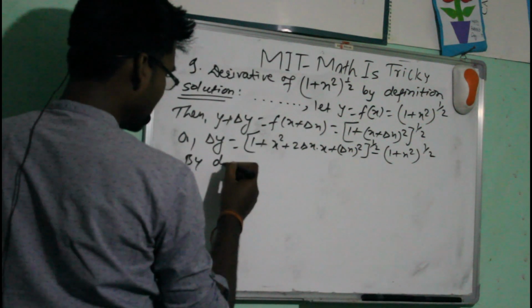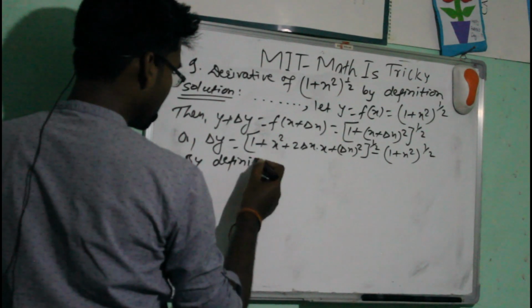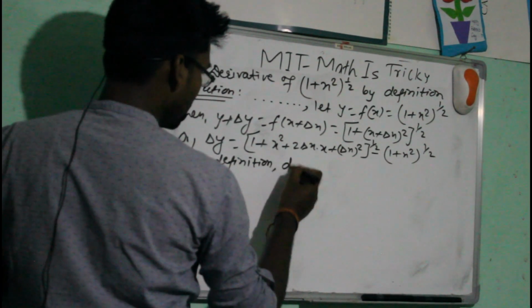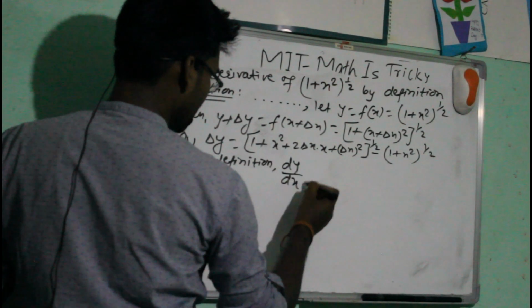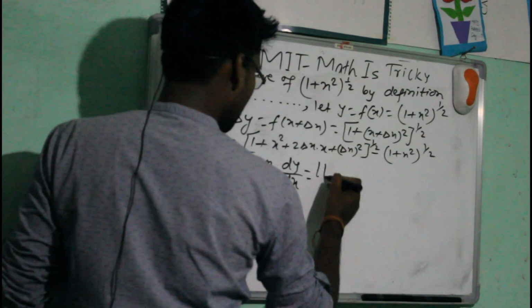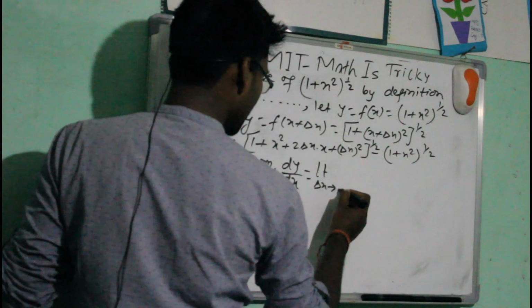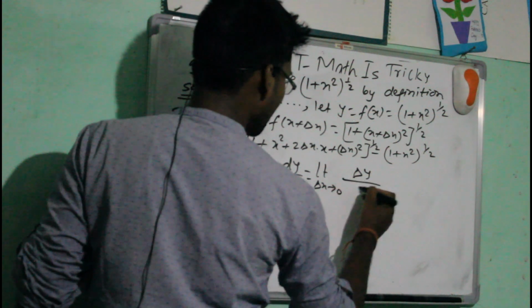By definition, let's write here, we have the value of dy by dx, that is our derivative. So limit delta x tends to 0 delta y by delta x.